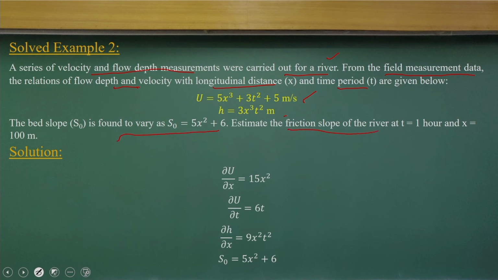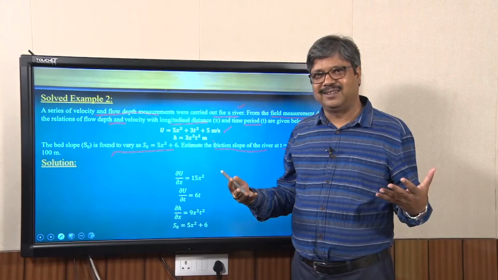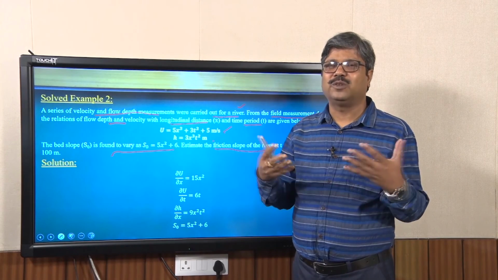Estimate the friction slope of the river at time equal to 1 hour, x equal to 100 meters. These are very theoretical questions, but if you have the velocity variations as functions of x and t, the flow variations in x and t, and bed slope variation in x and t, then we need to compute the friction slope.